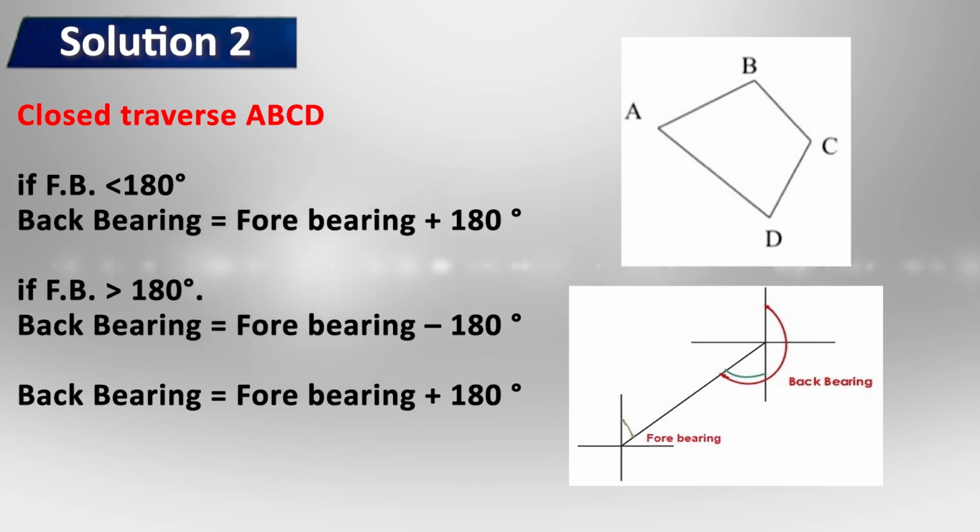If the value of forebearing is less than 180 degrees, then back bearing will be equal to the forebearing plus 180 degrees, and in case forebearing is greater than 180 degrees, back bearing will be equal to forebearing minus 180 degrees. So remember this simple equation: back bearing is equal to forebearing plus or minus 180 degrees.